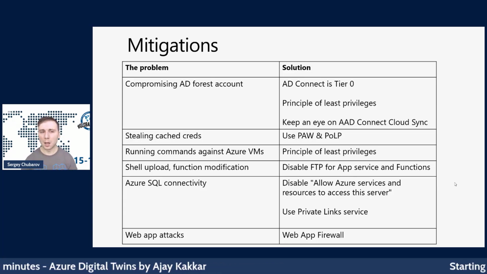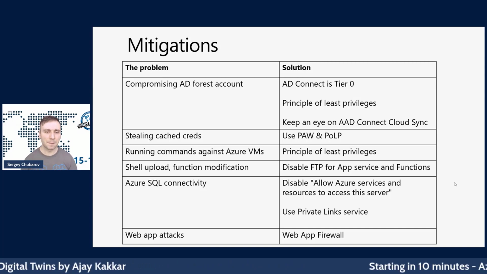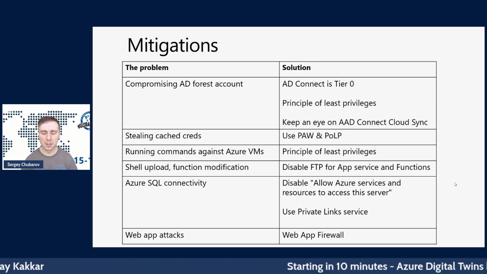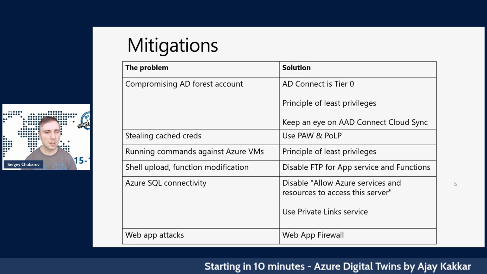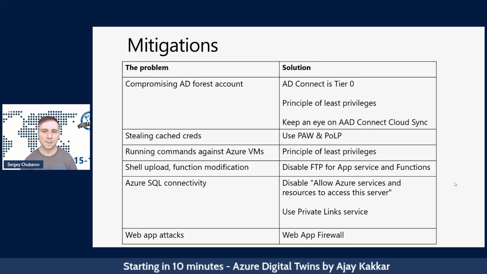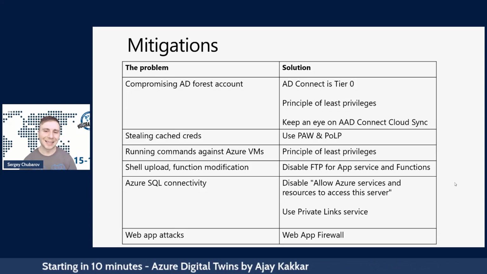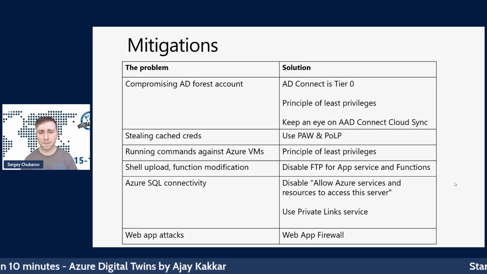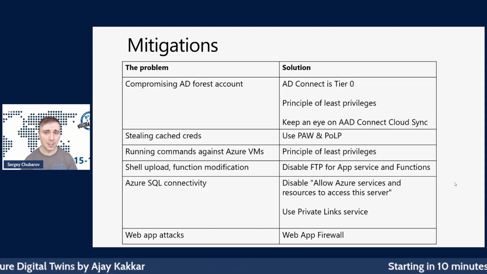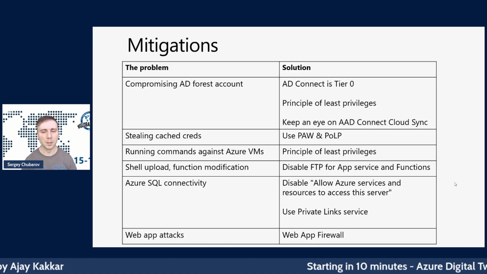First of all, when I compromised the AD Forest using AD Connect, here is what you may use to mitigate that. Keep in mind, AD Connect is a very, very, very privileged tool or server.